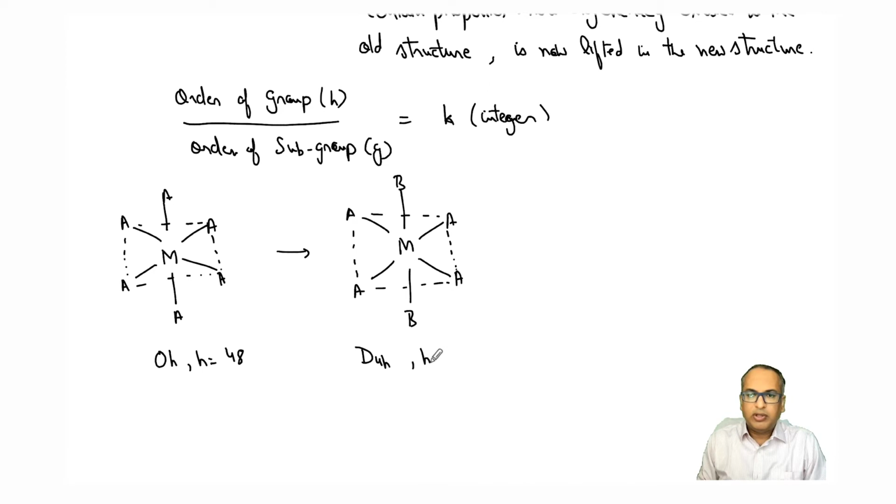Now the order of this group is 16. If you divide 48 by 16, it does come to an integer. So that means there is a group subgroup relation between Oh and D4h. Now if you go further and substitute this B with C, then what do you get? I'll just mark where the substitution is. So we have B here.